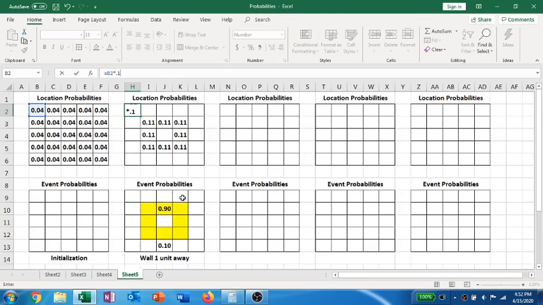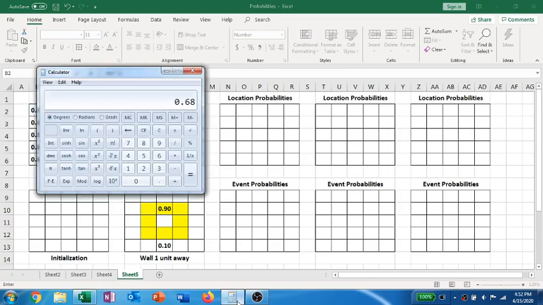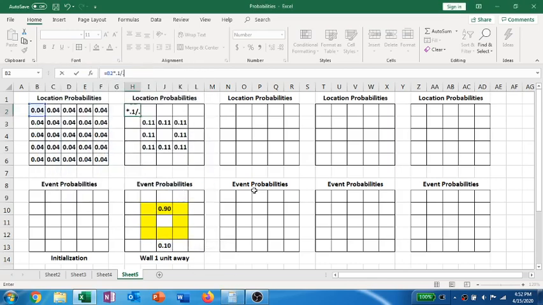That's the probability that we're wrong about our measurement. And then we divide that by our denominator, which is 0.68. And now we can scale that around here. It's a little tedious, but it is what it is.